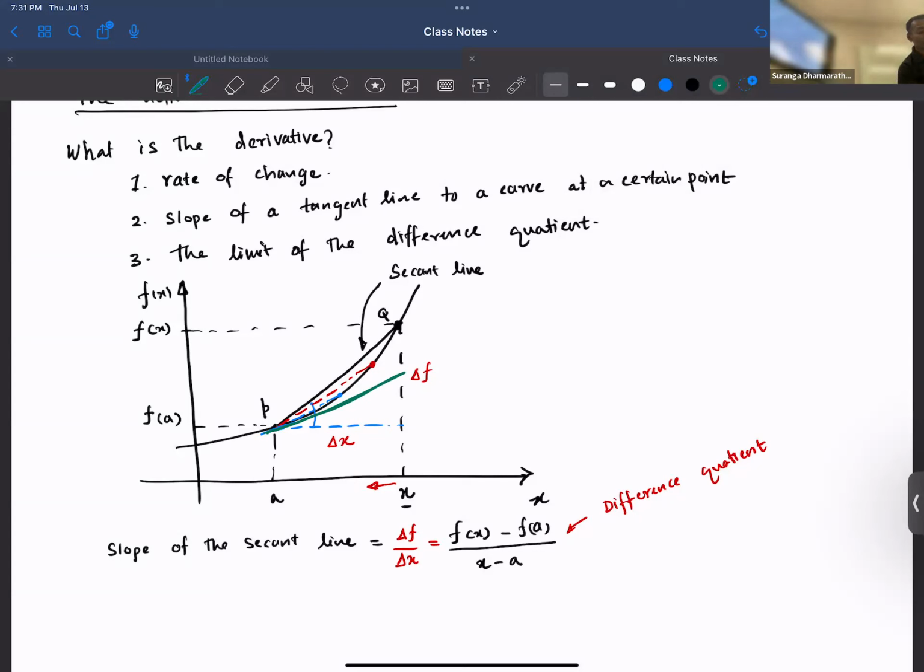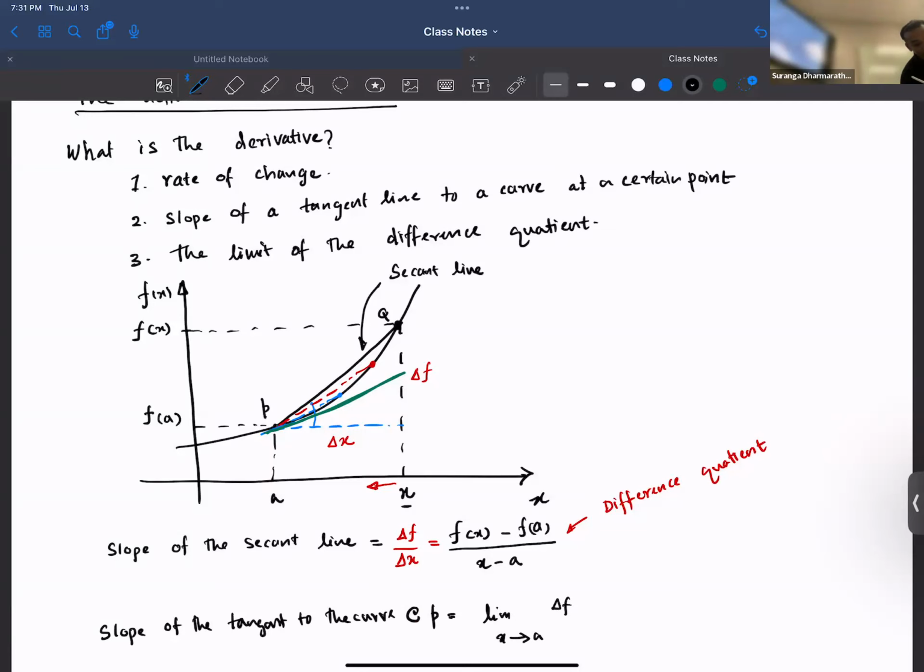So what is the tangent at P? The slope of the tangent to the curve at P is equal to what? When the limit x goes to a, this is what we saw, right?